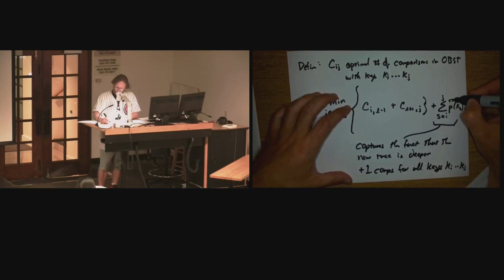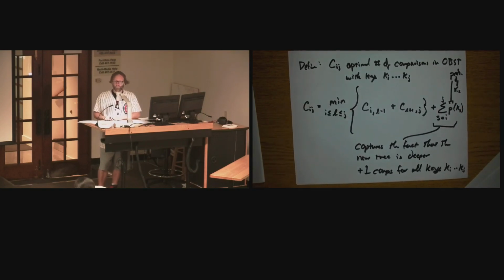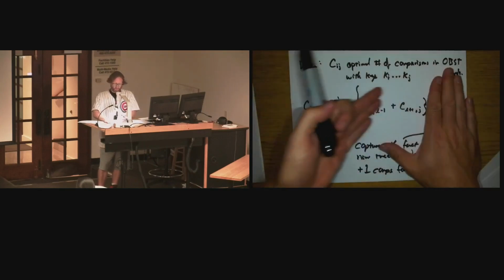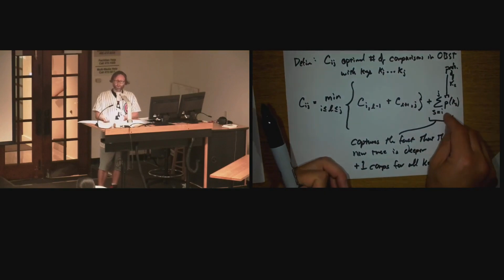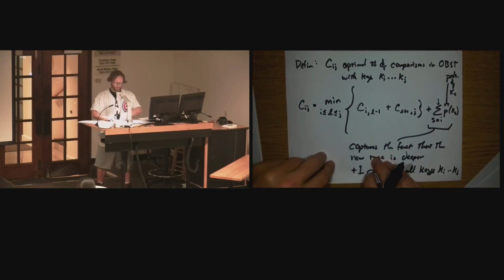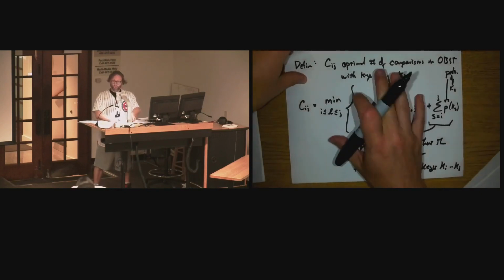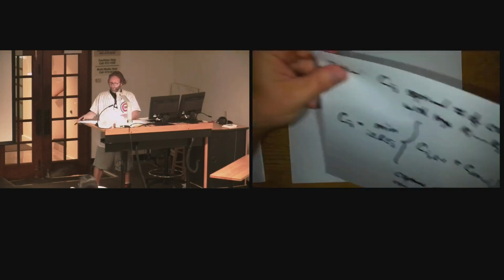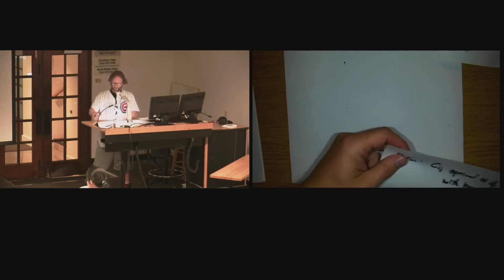This here is the probability of key K sub S. All right? If you take the minimum over here, you really only need to compute this one. That's our substructure property. Yeah, let's go with this.